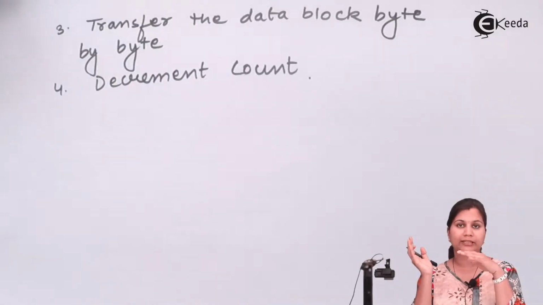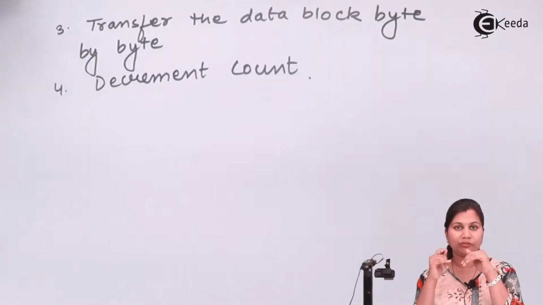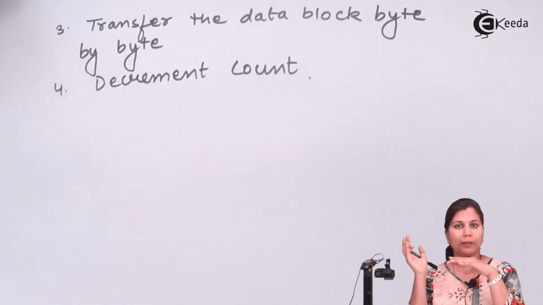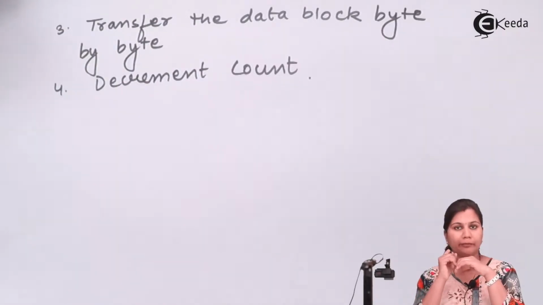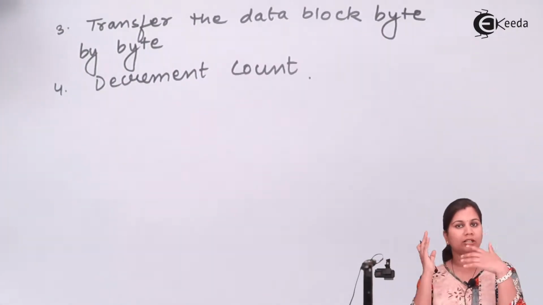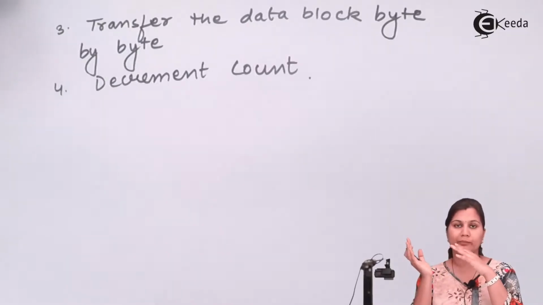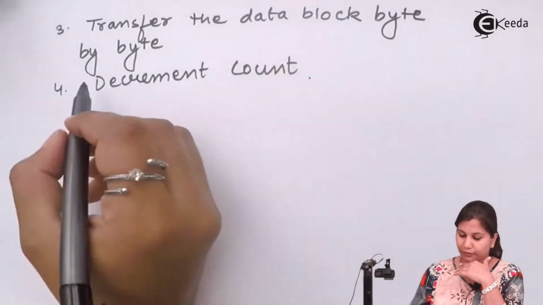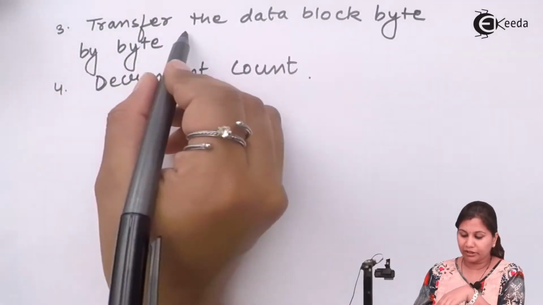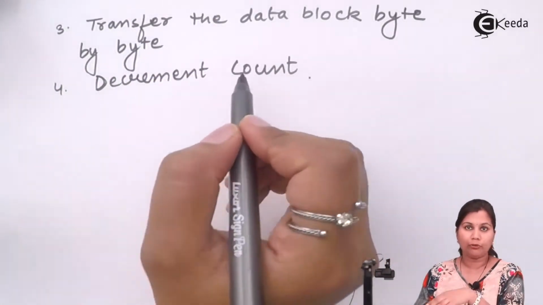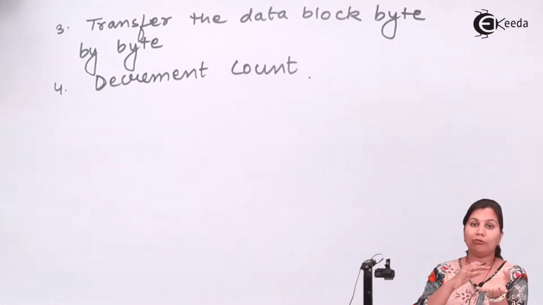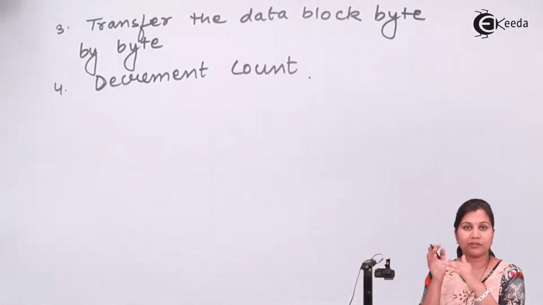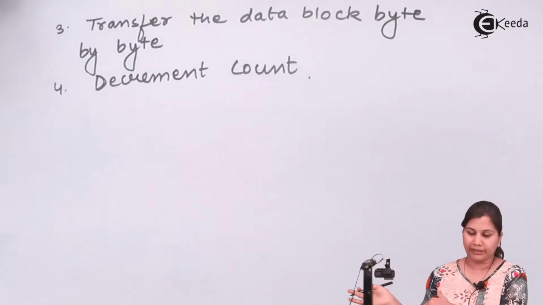Then the second number will be transferred, and we decrement the count, so 2 numbers are transferred and 8 remain. Then the third number, fourth number, fifth number. In this way, all the 10 numbers will be transferred. So after every transfer, we have to decrement the count to tell the microcontroller how many numbers have already been transferred and how many are remaining.